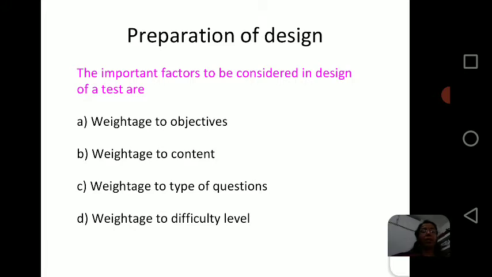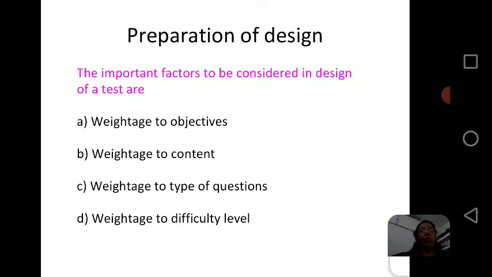The four aspects, namely the objectives, content, type of questions or forms of questions, and difficulty level, are the main aspects to be considered while preparing the design of the achievement test. That is weightage to objectives, weightage to content, weightage to type of questions, and weightage to difficulty level.